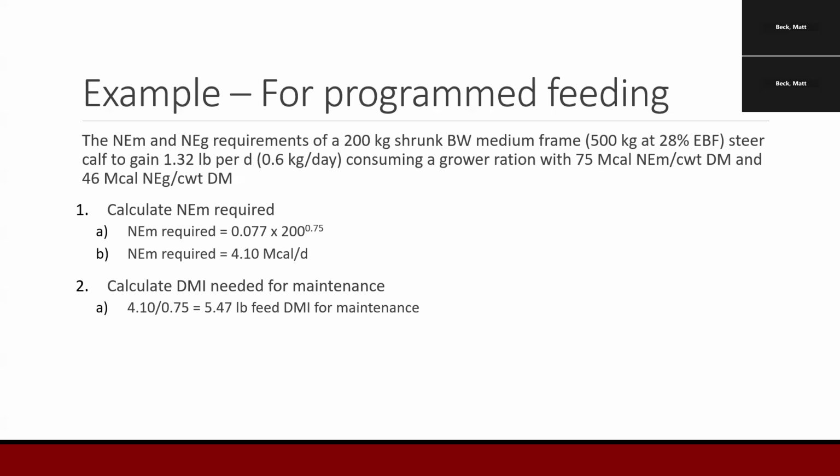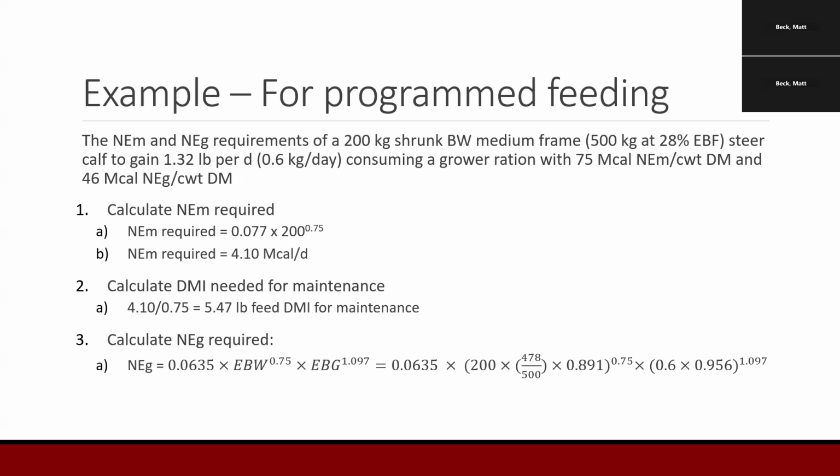Also, the animal can't gain unless we are feeding over maintenance. The animal's obviously going to use energy first to maintain its body weight instead of just for growth, right? Okay, so 4.1 is the megacals per day of NEM that's required. Divide that by 0.75. Okay, so 75 megacals per 100 weight is 0.75 megacals per pound. Okay, so that animal needs 5.47 pounds of feed just to maintain its body weight.